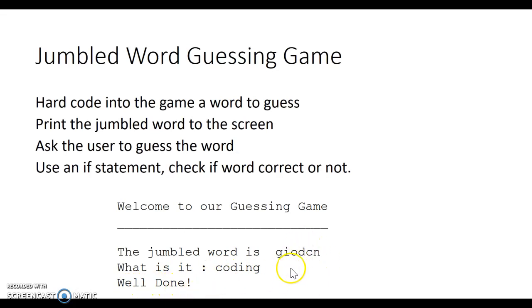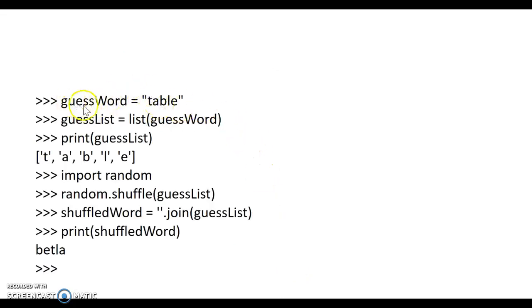So what I need to show you before you try this on your own is really how to jumble up the word. Okay, and this is what I've done here. Just in the Python run environment, I've created a variable called guessWord in which I've hard-coded the word table.